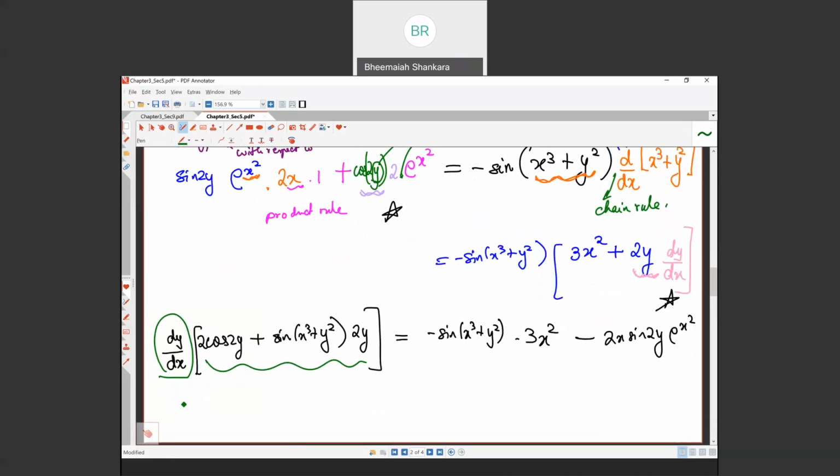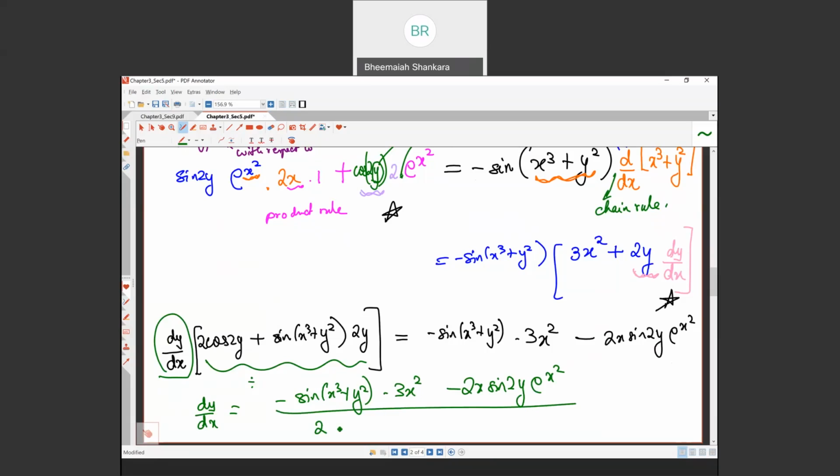So divide both sides by this expression in the square bracket. So you have dy over dx equals negative sine of x cubed plus y square times 3x square, minus 2x sine 2y e to the x square, divided by 2 cosine 2y plus sine of x cubed plus y square times 2y. So this is our final answer.